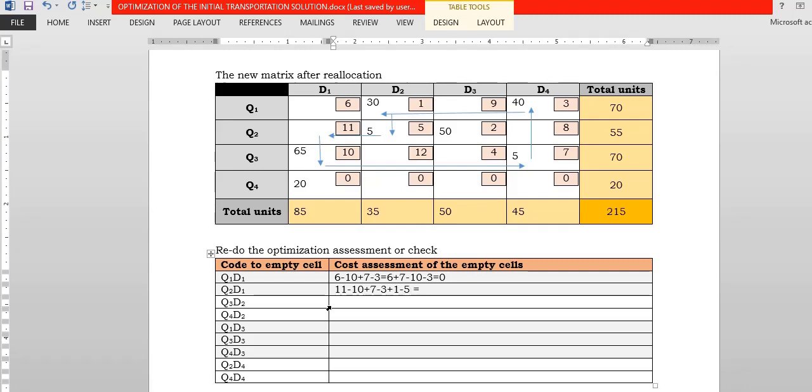This is 11 plus 7 plus 1, minus 10 minus 3 and minus 5. 11 plus 7 is 18, 18 plus 1 is 19, this is 19 minus 18, which gives us 1. So there is no room for any cost reduction there. So we finish the first column. Go to the next column.